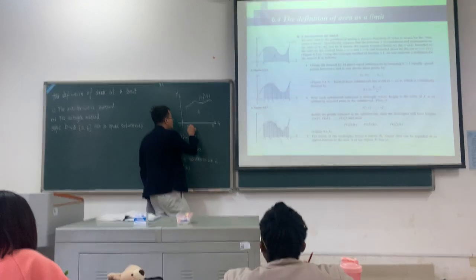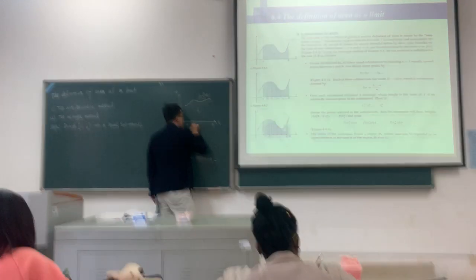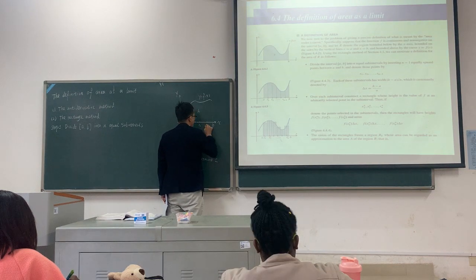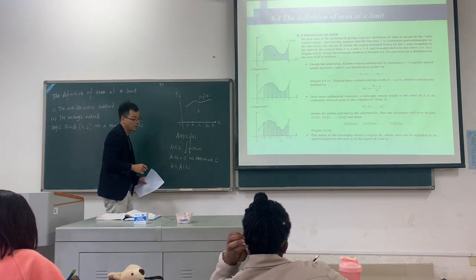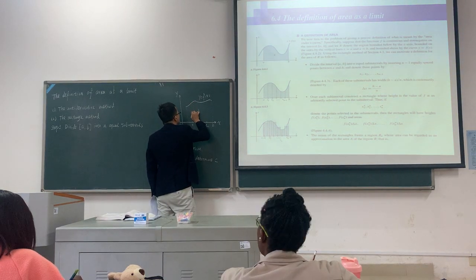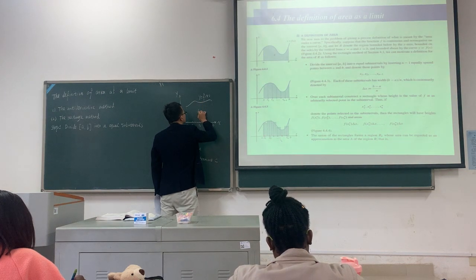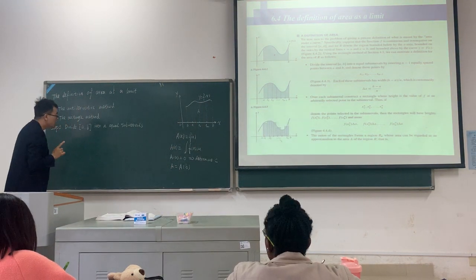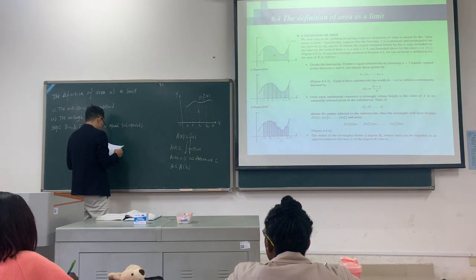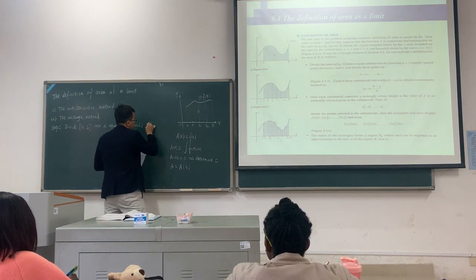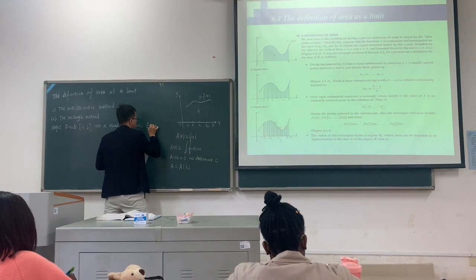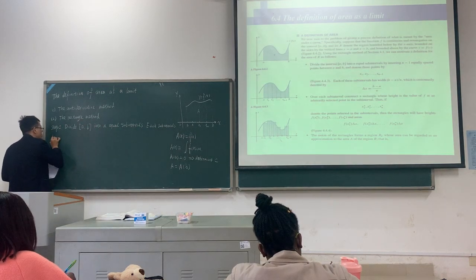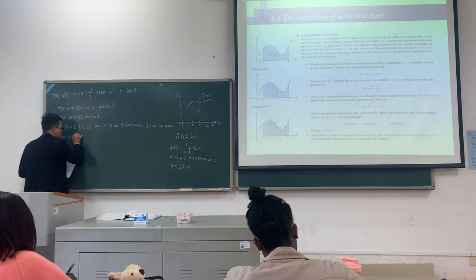For example, here is x1, here is x2, and so on, here is x_{n-1}. Each sub-interval has the width delta x.